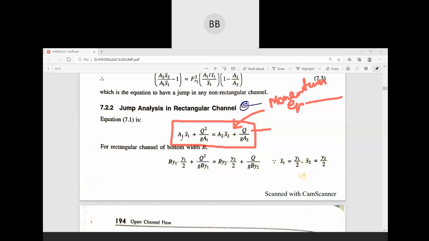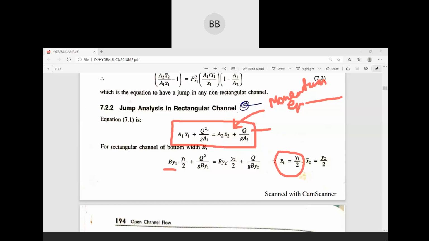So now here, area 1. For a rectangular channel, area is b into y, so A1 we have written as b into y1, and x bar is nothing but y1 by 2.